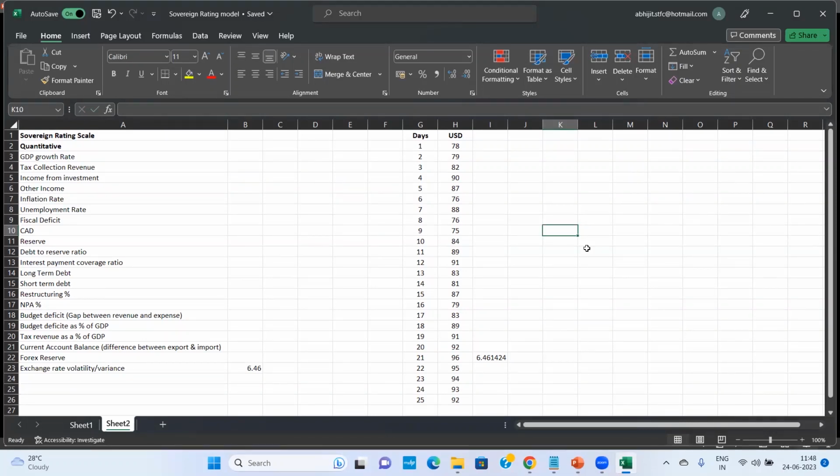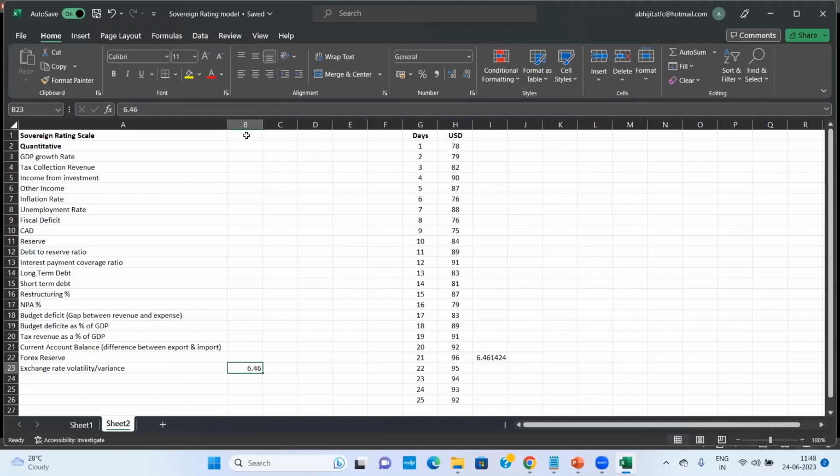Slightly less than 10%. Even if I consider the minimum price, it is slightly less than 10%. So 6.46 is my variance, right? This is one important factor which I am going to put in here.